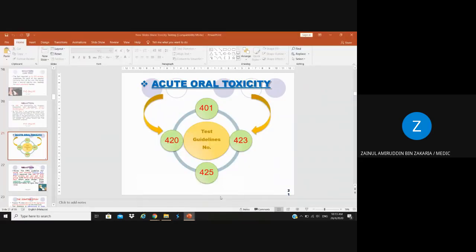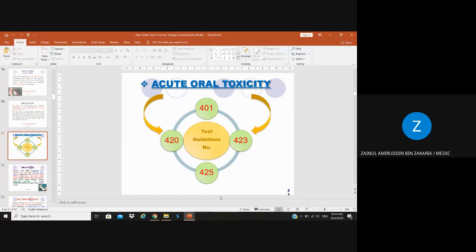Okay, kita start. Acute toxicity testing, you have learned yesterday about various types of toxicity testing. We start with acute toxicity testing. Actually, the main one that you need to know is acute toxicity testing.